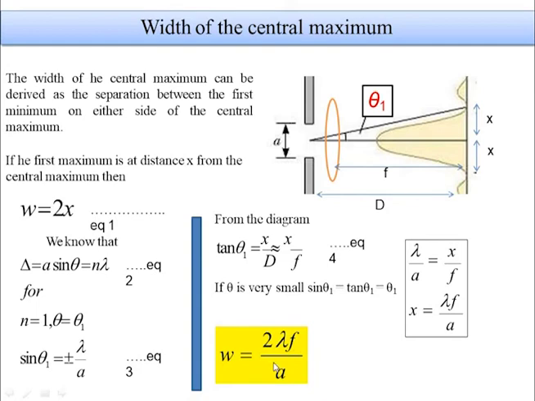Right. So if we are given the wavelength of the light, focal length of the lens, and width of the slit, you have got an expression to find out the width of the central maxima. And this result is very important, and there will be problems from this session. Hope it is clear. That is Fraunhofer diffraction due to a single slit.